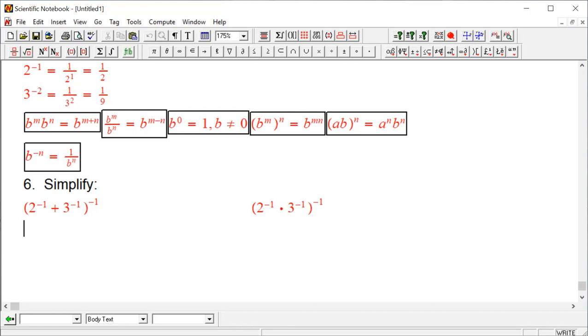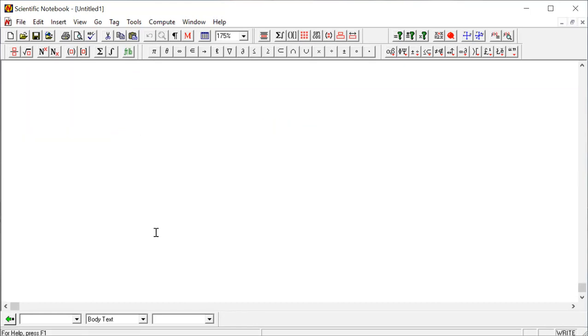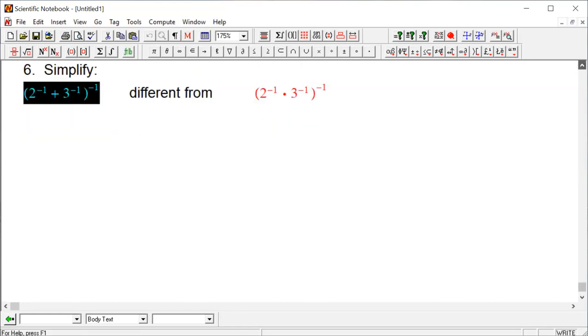So let's move forward. First you recognize the difference. The difference is very subtle, but there's a big difference. That difference makes a big difference. So how do we simplify this first piece?